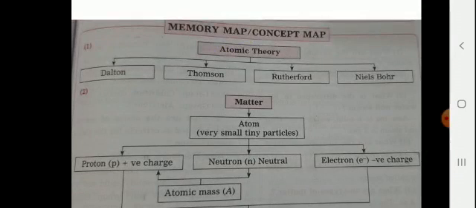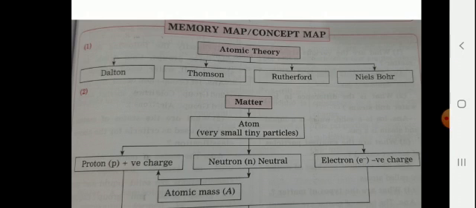Matter is made up of very small particles. An atom is the smallest particle of an element which retains its chemical identity in all physical and chemical changes. Protons, neutrons, and electrons are the subatomic particles.